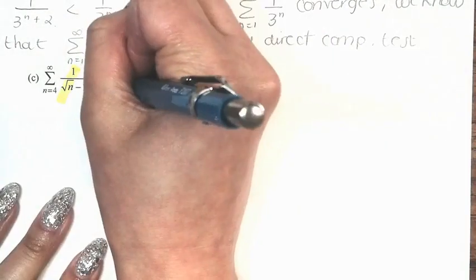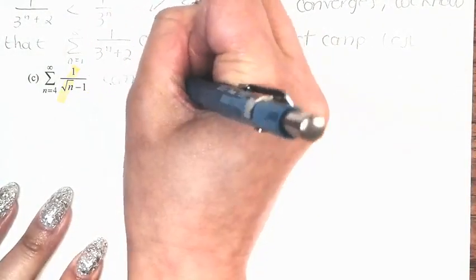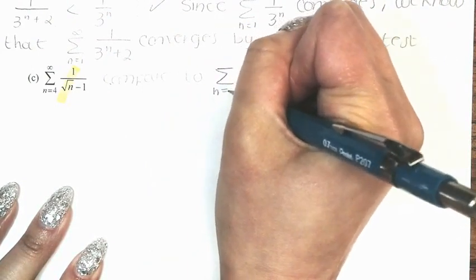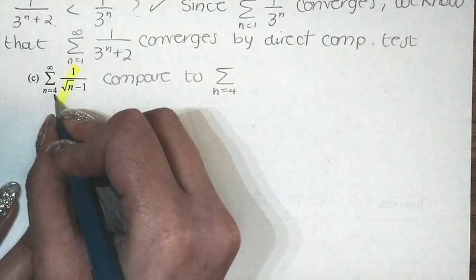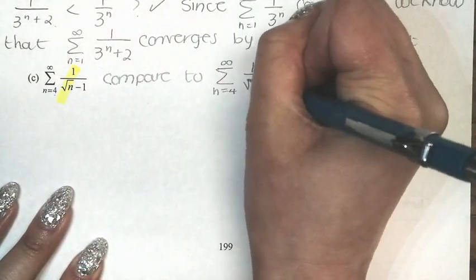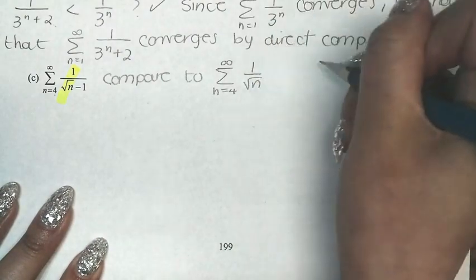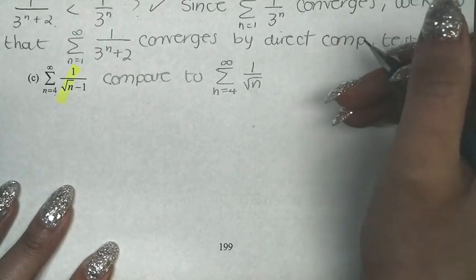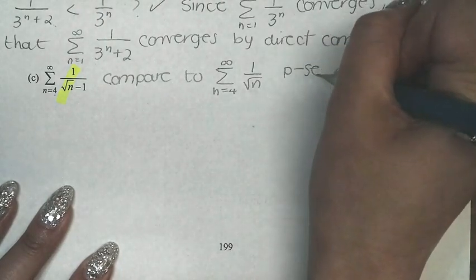And I would be like, yes, you're right. So compare to, and you are going to do the summation from n equals 4. Why 4? Because that's the one that we have over here, but it doesn't matter, treat it the same. So you have 1 over root n. You know that pretty much the exponent is 1/2. So you are going to compare it to that, so you know that this is a p-series.